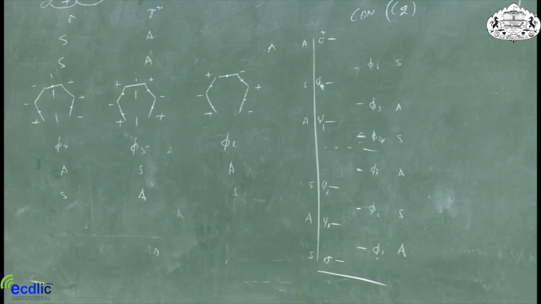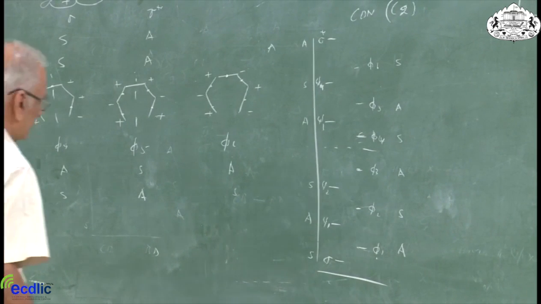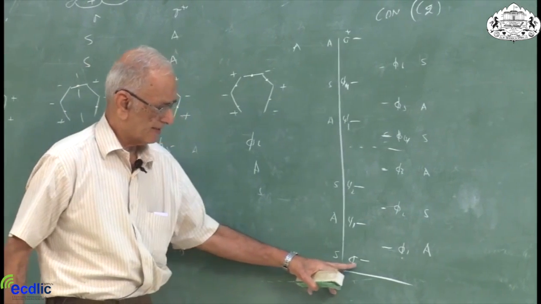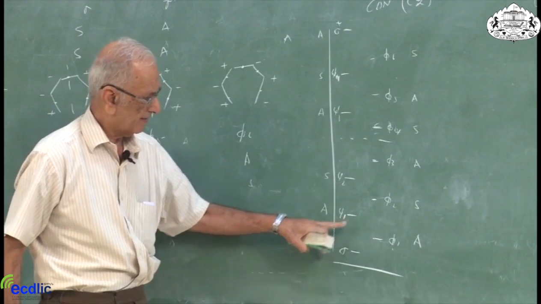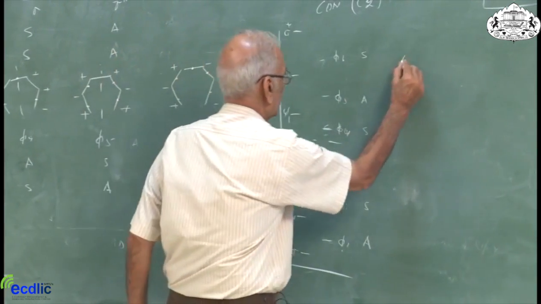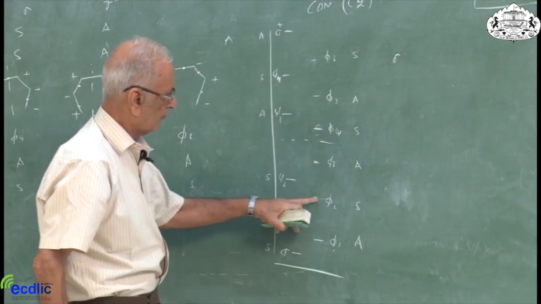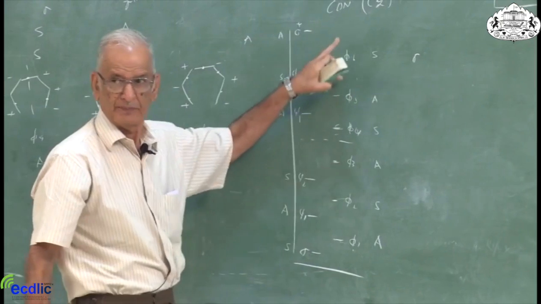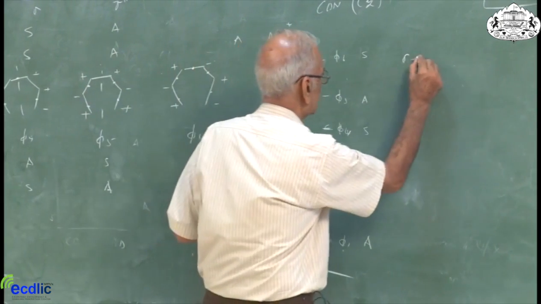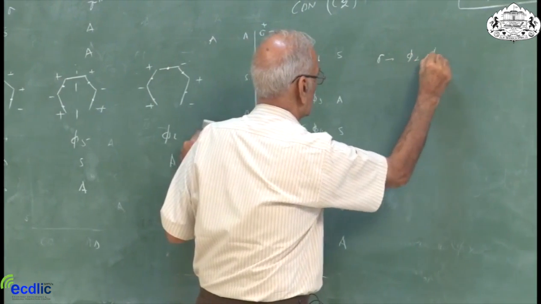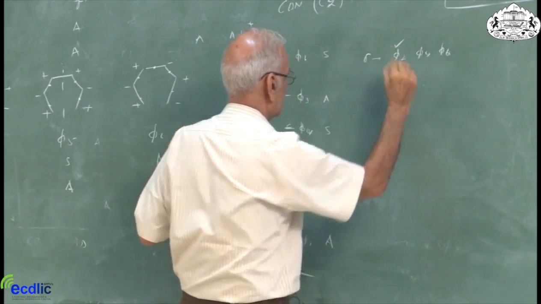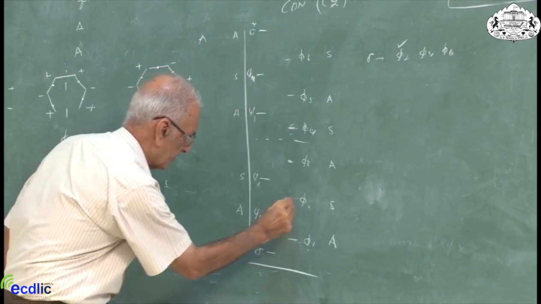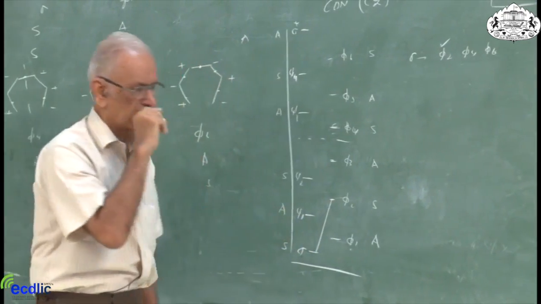Where do I join this? Sigma is symmetric. Therefore, sigma can go to phi 2, phi 4, phi 6. Phi 2 is lowest in energy. Therefore, I join it here.